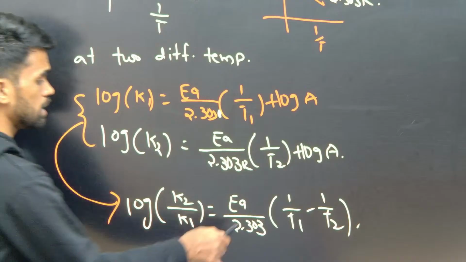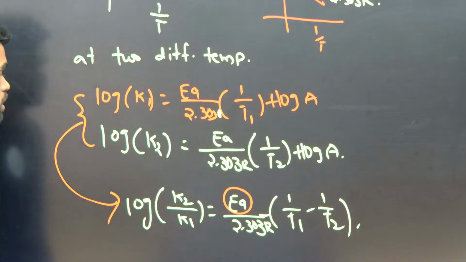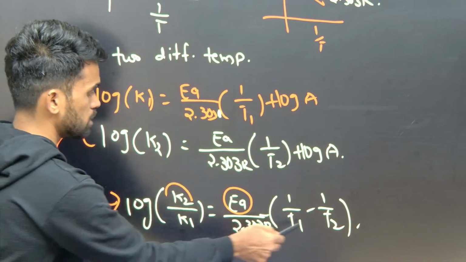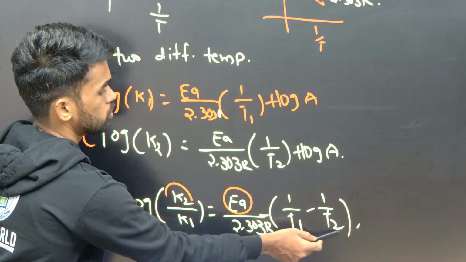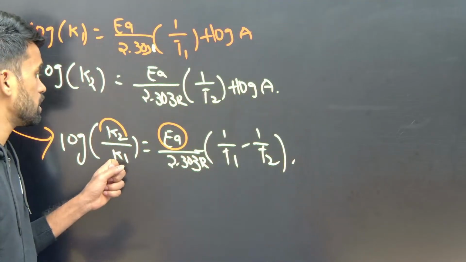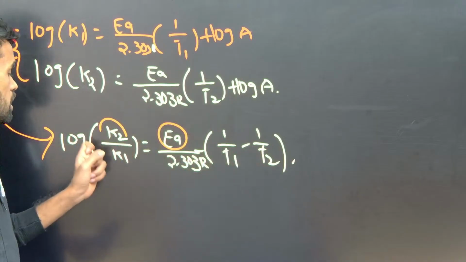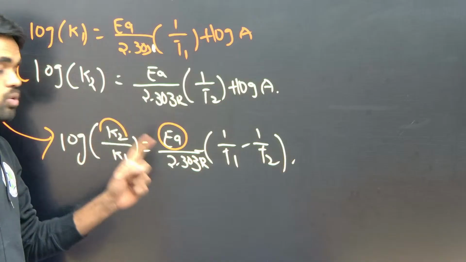Here Ea indicates activation energy, and the denominator is 2.303 R. T2 is the higher temperature with rate constant k2, and k1 is the rate constant at temperature T1. As temperature increases, the rate of reaction also increases. Remember this.